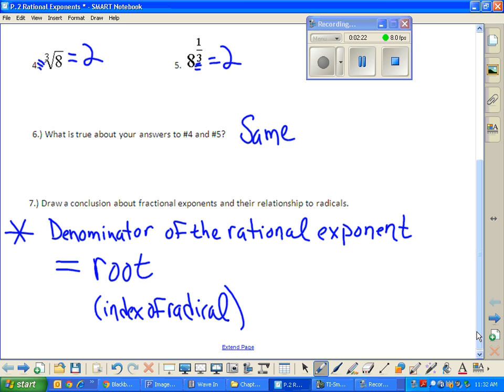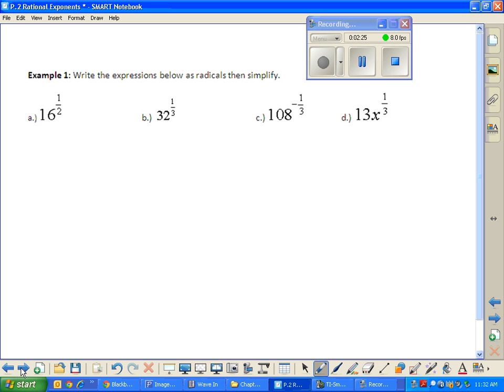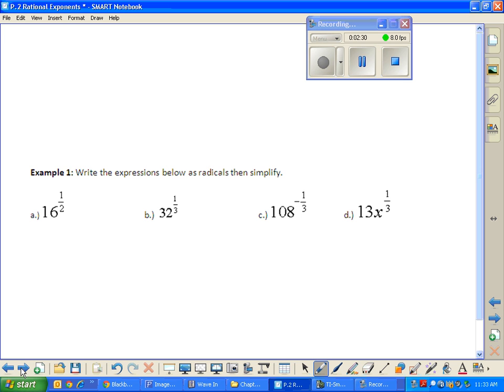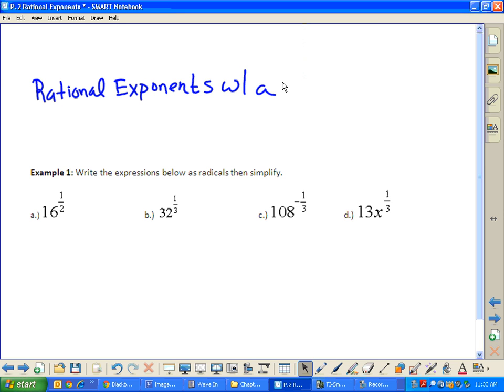All right, so let's explore this idea a little more. I think there's a little piece of my screen missing here. The first part is supposed to say, in nice big bold letters, rational exponents with a numerator equal to 1.